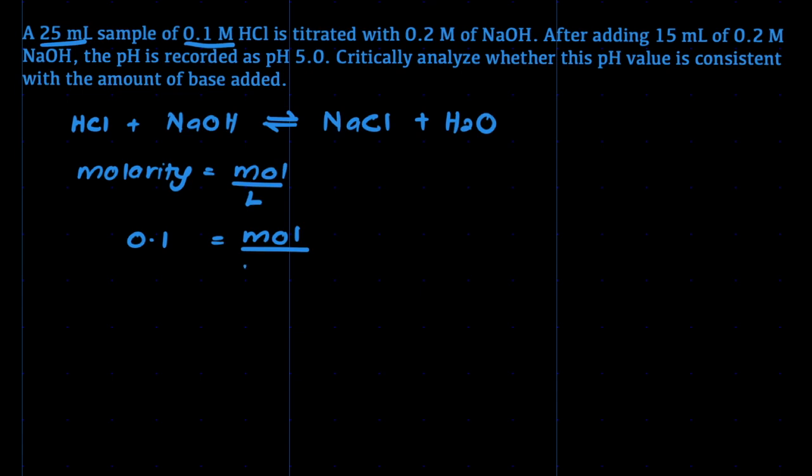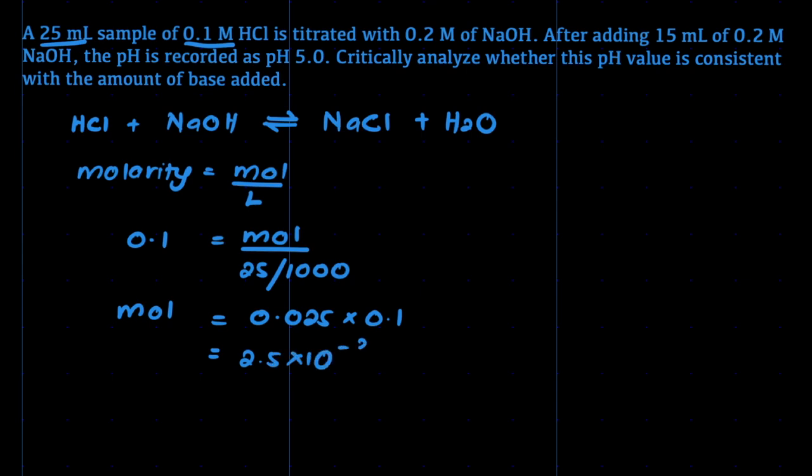You want to convert it into liters, so you divide by 1000. So the number of moles for your HCl is equivalent to 0.025 times 0.1, which is your molarity. Therefore, you will get 2.5 times 10 to the power of negative 3 mole of HCl.